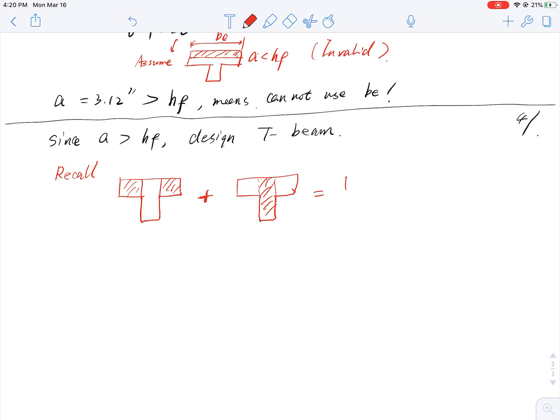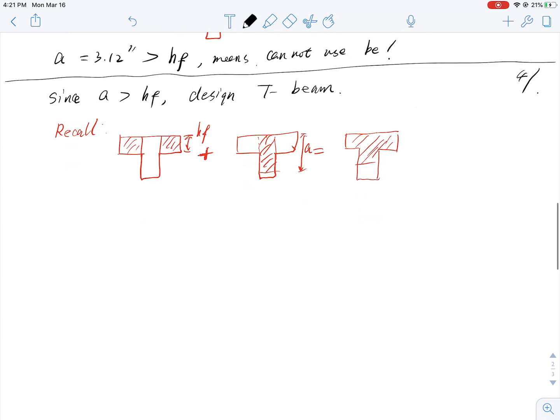And this will give us the equivalent compressive zone size. So be careful, this is a, and this is hf. So that was the deal about T-beam design.